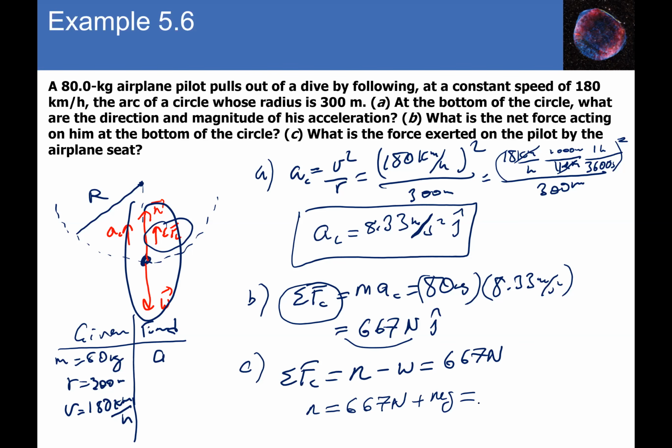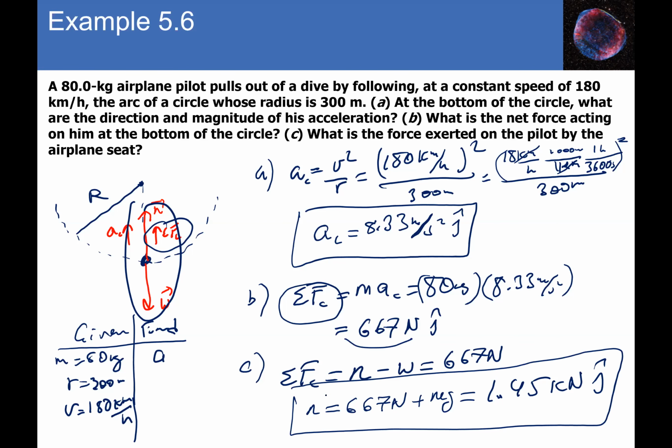I plug in everything together and I get 1.45 kilonewtons. Again, it's in the J-hat direction because normal force is acting upward. Normal force is 1.45, gravity is acting down, so the net result is basically their difference. So that's what we get from this type of problem.